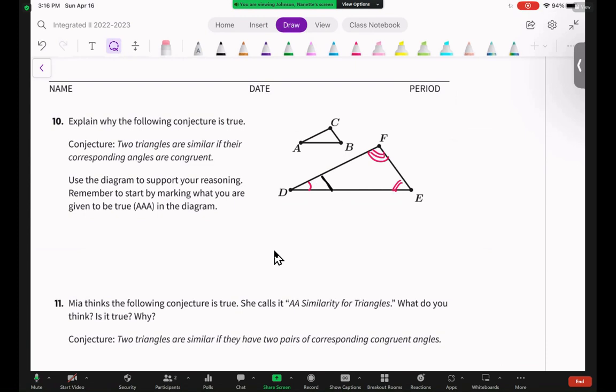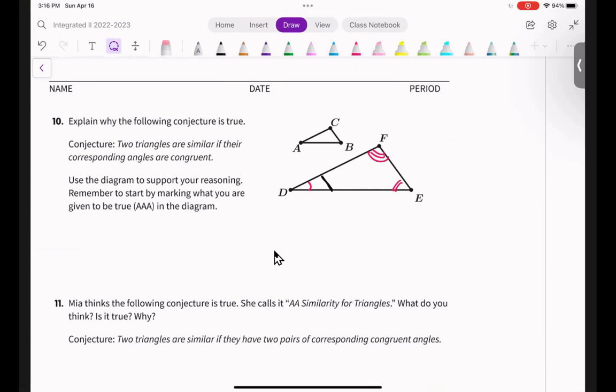So here, this is going to be C prime and B prime. And what I'm going to do is dilate this triangle so that C prime lines up to F and B prime lines up to E. Okay, so that's what I'm going to do.